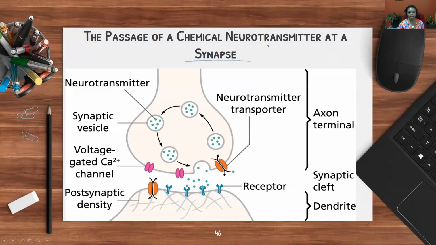The passage of a chemical neurotransmitter at a synapse: neurotransmitter, synaptic vesicle, voltage gated calcium 2+ channel, postsynaptic. So remember, a synapse is basically the gap between where the two meet. This is an axon terminal and a dendrite. Where they meet, they don't actually touch, so there is a gap. The electrical signal is converted into a chemical, called a neurotransmitter.